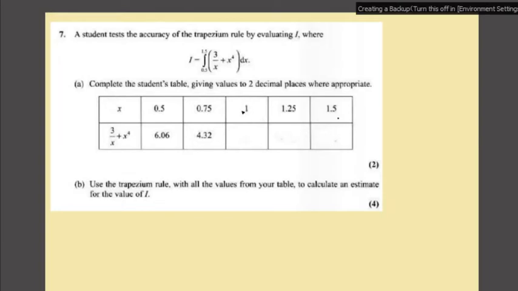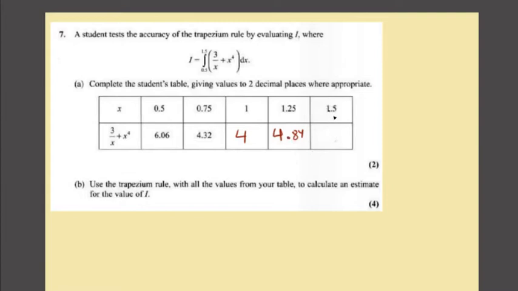What you have to do is take your value of x, in this case 1, 1.25, 1.5, and tuck those into your function. So if you put 1 in, you will get 4. Put 1.25 in, you will get 4.84.